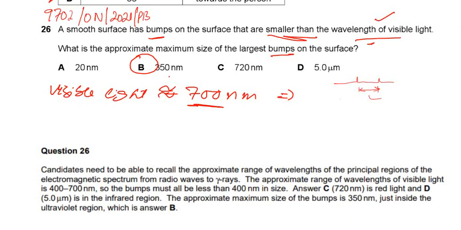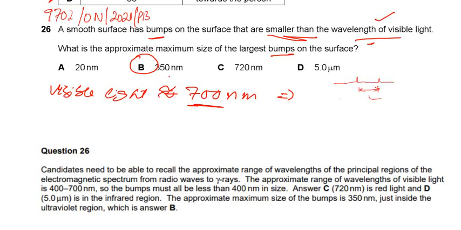So the smooth surface has bumps on the surface that are smaller than the wavelength of the visible light. Whatever the bumps' size, it is smaller than the wavelength. So that means the bumps can be from the ultraviolet to gamma rays, because they have a smaller wavelength compared to the visible light, right?